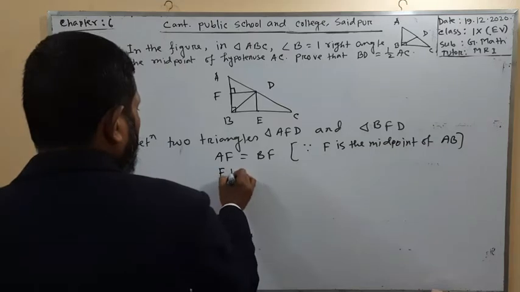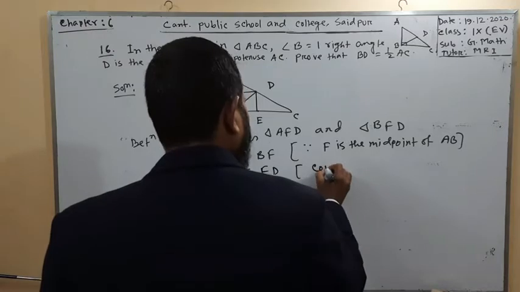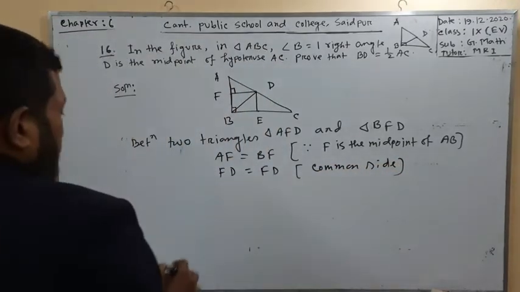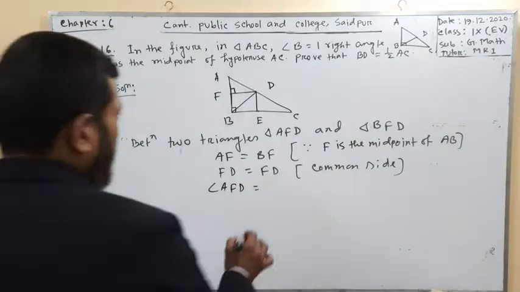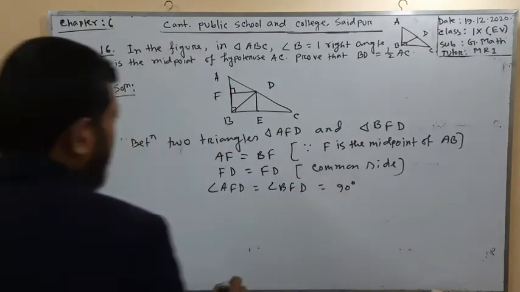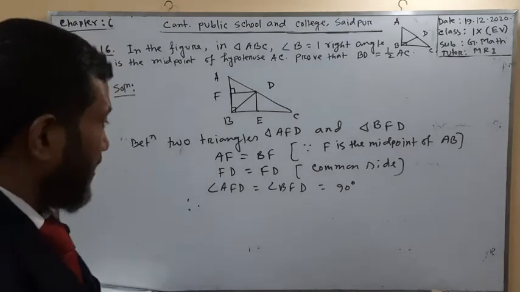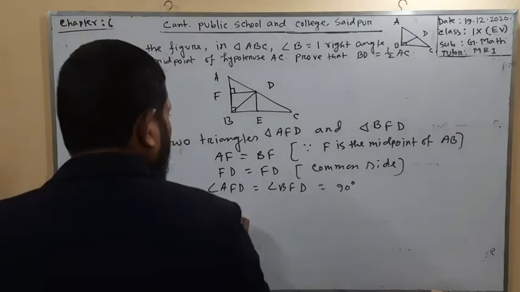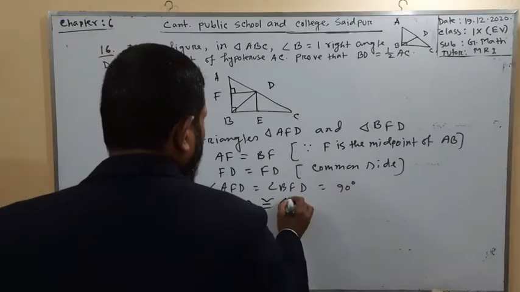FD is equal to FD, they are the common side. And angle AFD is equal to angle BFD. You know this is 90 degrees. According to the side-angle-side theorem, we can tell these two triangles are congruent. That is, triangle AFD is congruent to triangle BFD.